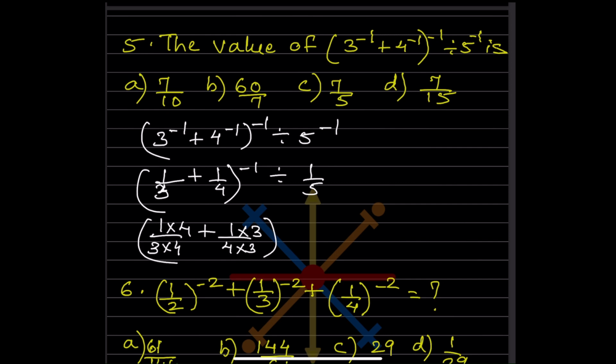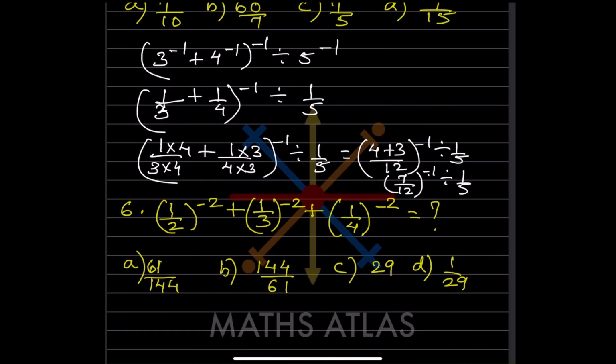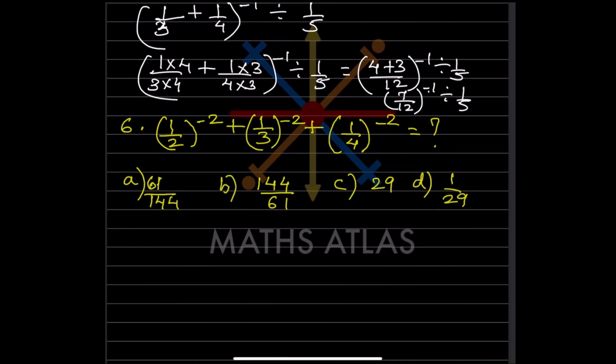So we can write this as 4 plus 3 by 12, raised to minus 1, divided by 1 by 5. That is going to be 7 by 12 raised to minus 1, divided by 1 by 5. Because this is an inverse, you can also write this one as, let me take this down.